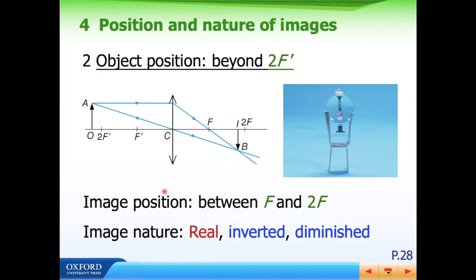Moreover, the nature of our image is that it is real because it is located on this side. It is inverted because you can see it is inverted with respect to our object, and it is diminished. It means that it is smaller compared to our object.